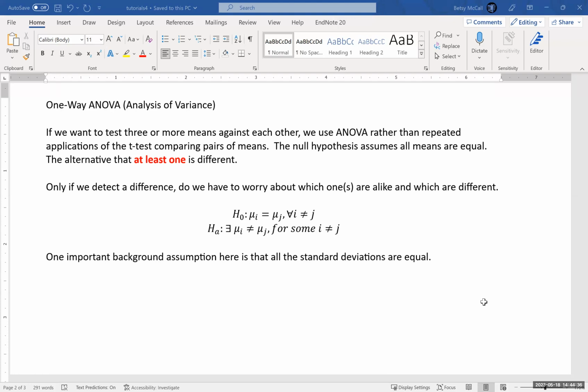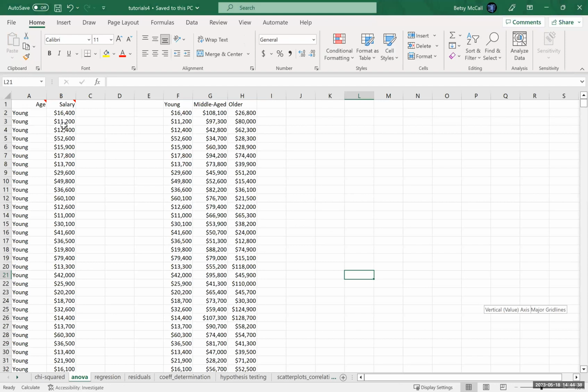Now, if you have raw data, which this originally was, where you have a category value in one column, in this case age groups, and another numerical value that we can do an ANOVA test on in a second column, the best thing to do is to get these into separate columns for each group.